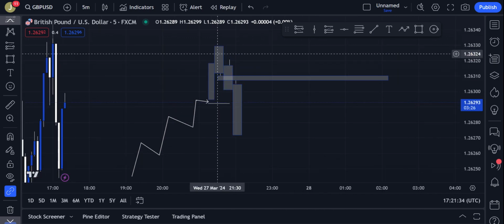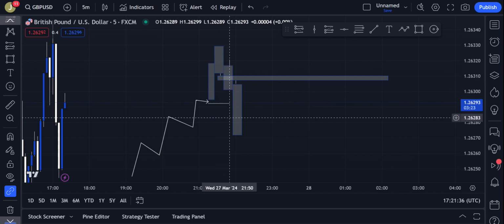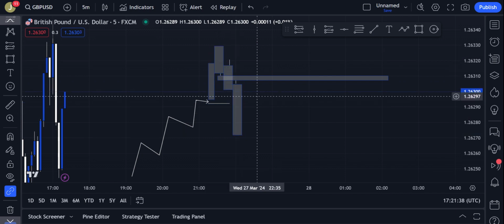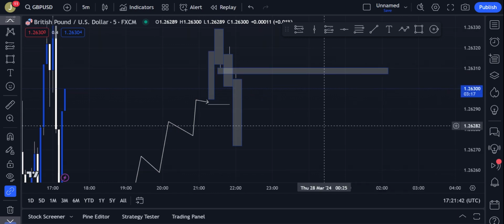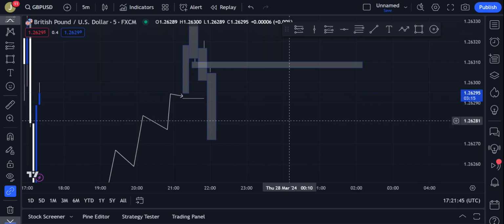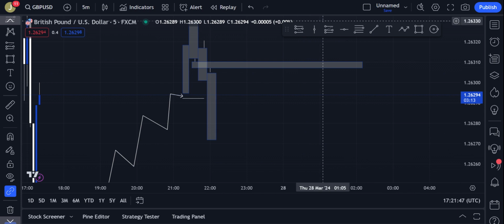So it's the gap between three consecutive candles, which is in between the wicks. Yeah. So that's how we see it. That's how it is. It's the gap between the last three consecutive candles.